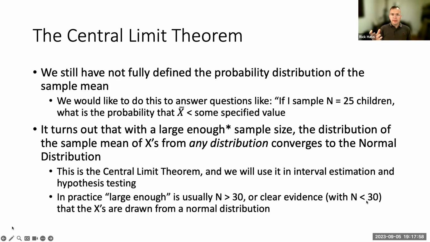If we have small samples, we can still use the normal distribution. The sampling distribution of the mean is still normal, but we have to look at the histogram, we have to do other things to make sure that these observations are drawn from a normal distribution.